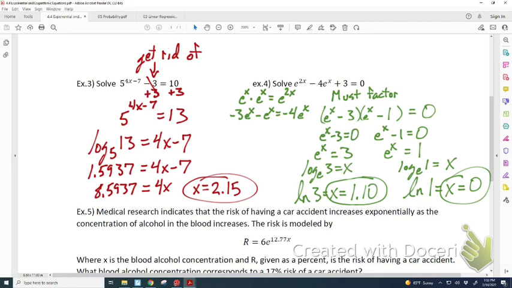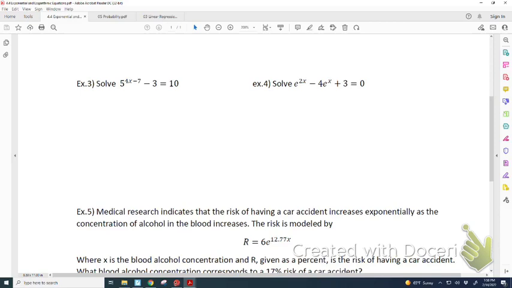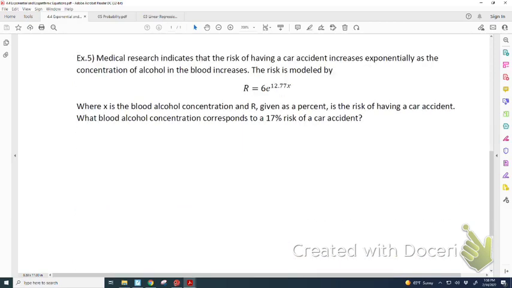Let's try this word problem. Maybe hit pause and read through it. A question I think that we first need to get around is, what is 17? Is it R or is it X? And I would say it's R. Also, another place people mess up is it says it's given as a percent.